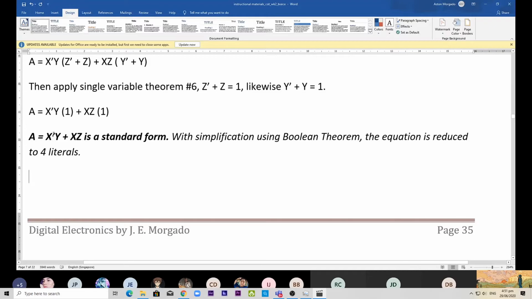If in case you still have to factor out the x here, it becomes unstandard. But nevertheless, this is the reduced standard form, x prime y plus xz. So this is the standard form for minterms. So you multiply first, then you add.